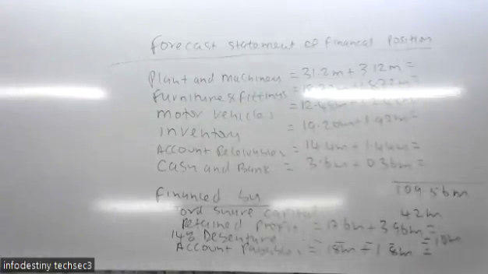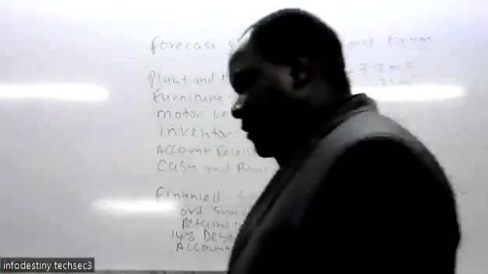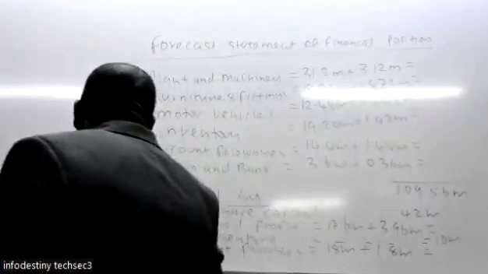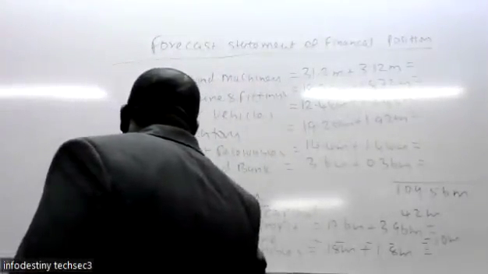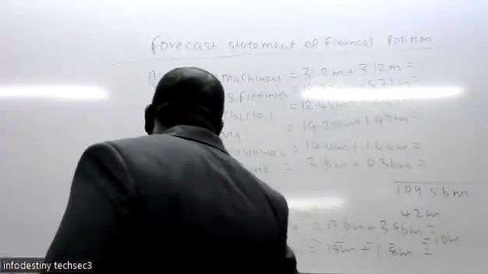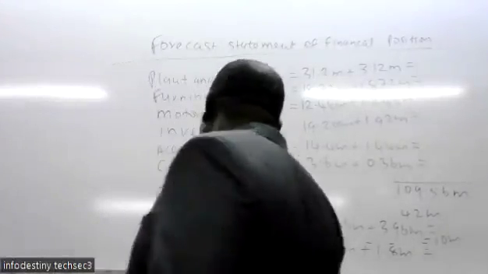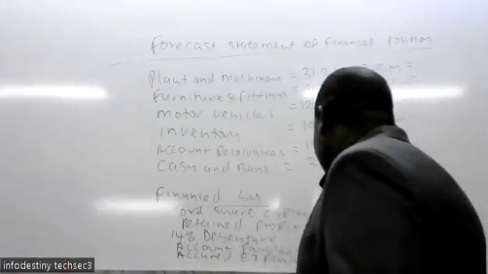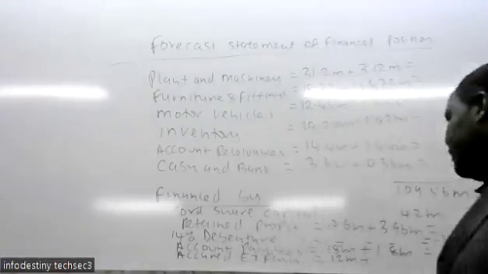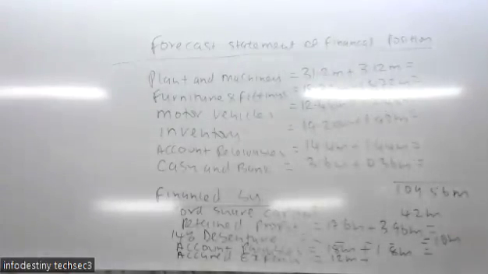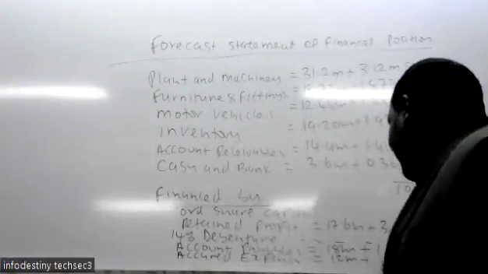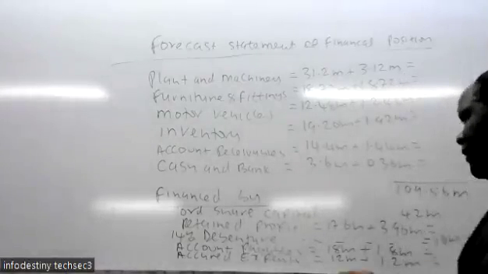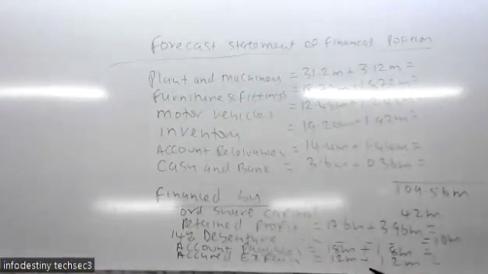Then the next one is accrued expenses. The accrued expenses, it is 12 million plus. Hiyo tulipata ngapi increase? One. Then after that, tuna include hapo chini external financial requirement.